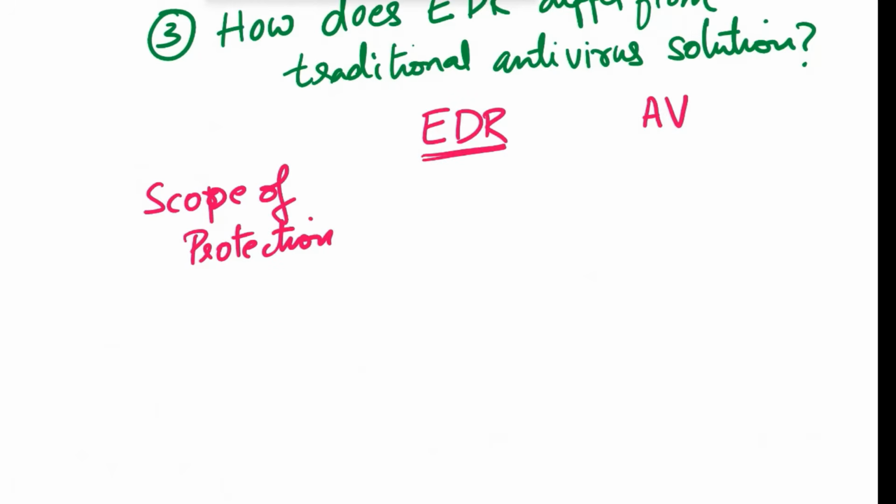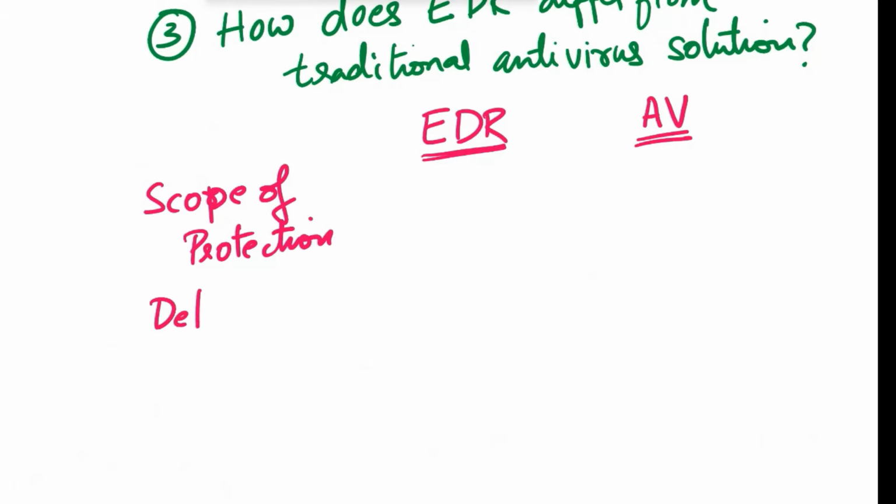EDR solutions offer advanced threat detection and response capabilities, focusing on identifying and responding to a wide range of threats, including both known and unknown threats, file-based and fileless attacks, and sophisticated attack techniques. Traditional antivirus solutions primarily focus on detecting and preventing known malware using signature-based methods. They are often less effective against zero-day attacks and more advanced targeted threats.